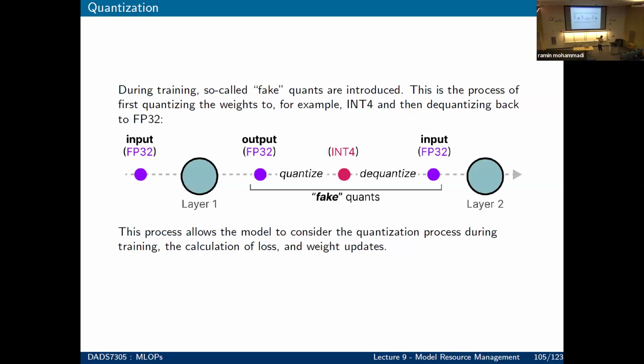So 4.5 will move forward instead of the original value, 5.2. During the forward pass, you are passing the quantized values forward. During the backward pass, during gradient descent, you use the original weights for optimization.